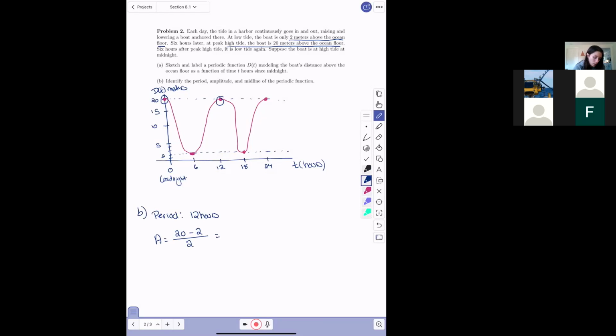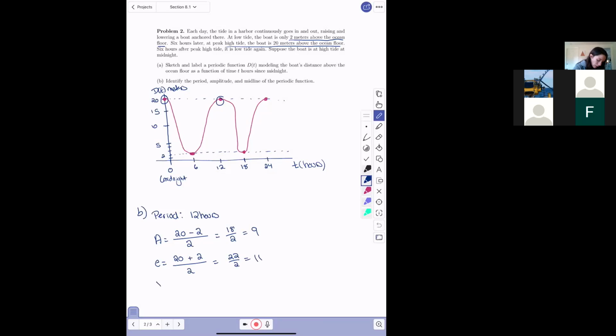So 18 divided by 2, which is 9. So that's our amplitude. Our equilibrium point is the max, 20, plus the minimum, which is 2, divided by 2. So we have 22 divided by 2, which is 11.